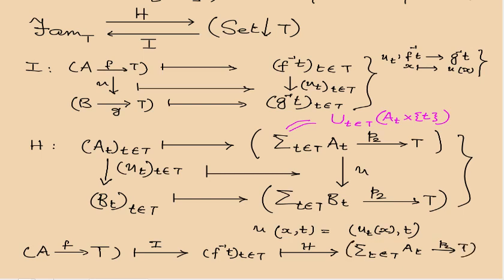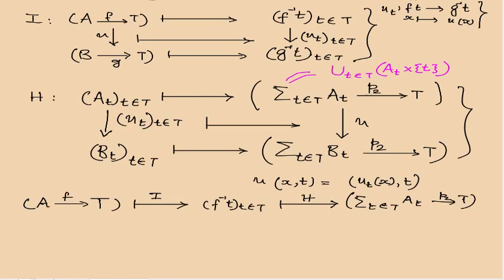But in this bundle, this is isomorphic. That means there is an isomorphism between this and A, which commutes over this. Okay? So there is an isomorphism in this category, in the category of bundles over here.